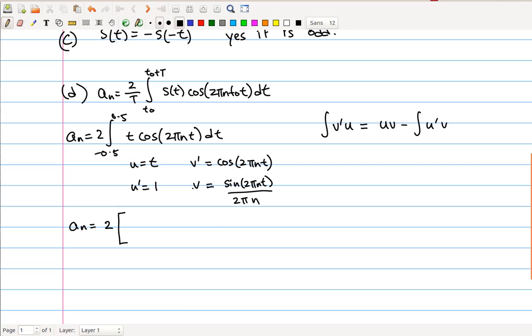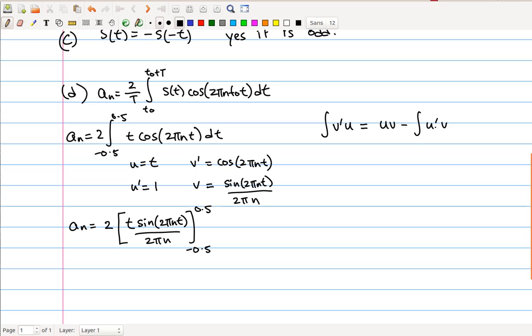So it's going to be t times sine 2 pi nt divided by 2 pi n. So this is my u times v business, so don't forget your limits. Okay, so that's the first bit.